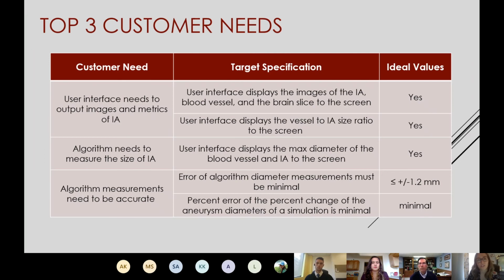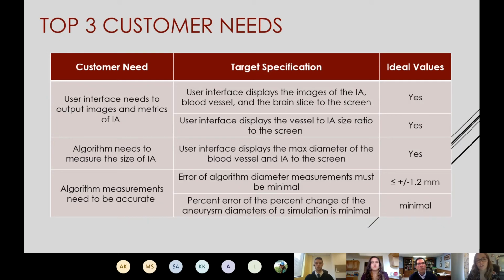So our top 3 customer needs for the project are shown here, as well as the target specs that go along with them. Our first customer need includes the user interface needing to output the images and metrics of the intracranial aneurysms. The 2 target specs that go along with that are displaying those images of the aneurysm, blood vessel, and the brain slice, as well as displaying the vessel to size ratio.